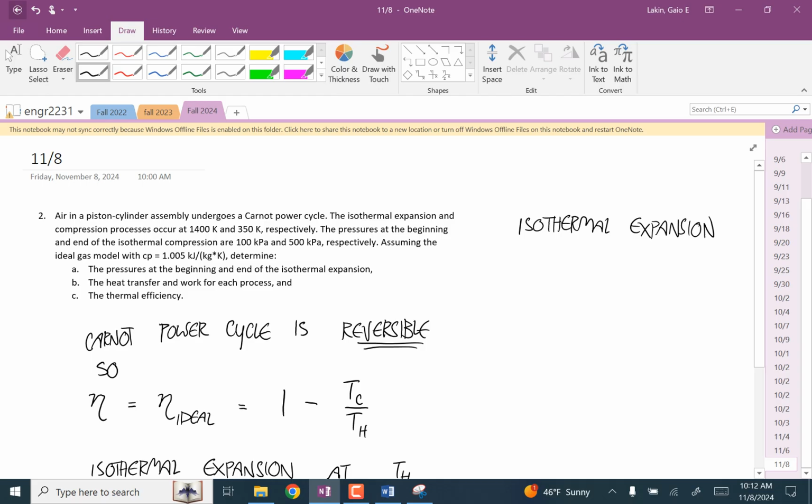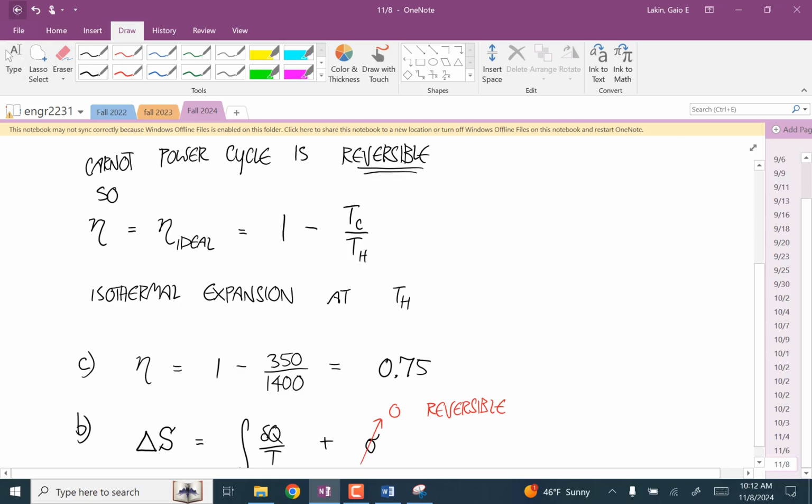at 500 kilopascals. So that's going to be our P1, and our P2 is going to be 100. So that's just the answer to A, because it's a cycle. I guess that's my answer to A, but I don't know if that's true or not. It kind of makes sense, though.